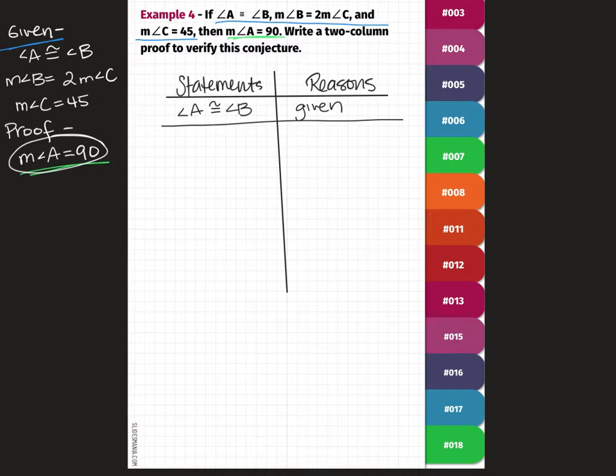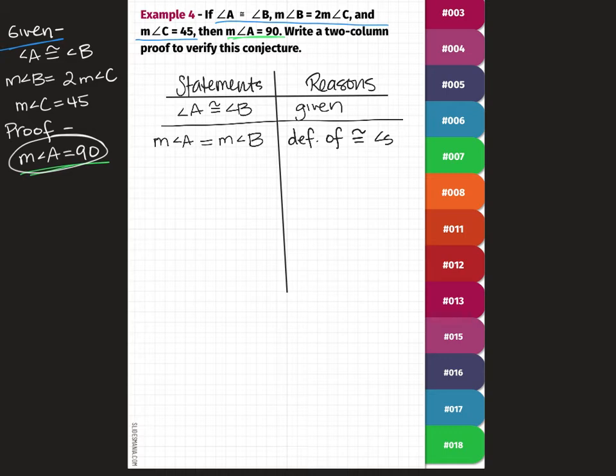So my next line is going to be that the measure of angle A is, not congruent, is equal to the measure of angle B. And how do I know that? Because the definition of congruent angles says that if 2 angles are congruent, then their measures are equal. So I got that from the definition of congruent. And you can put congruent angles, that's fine.